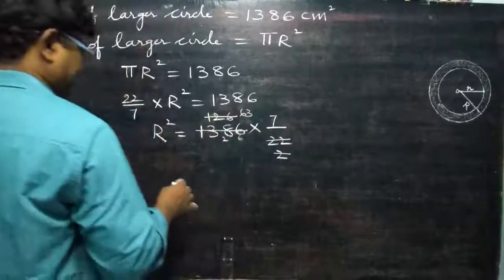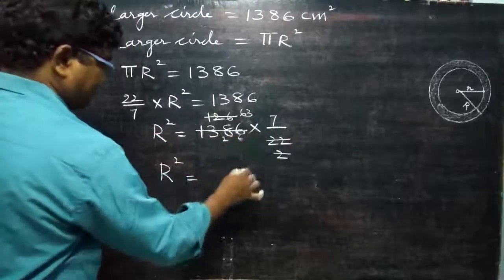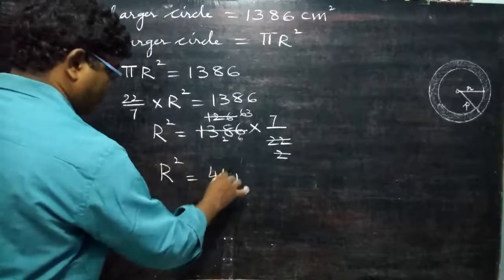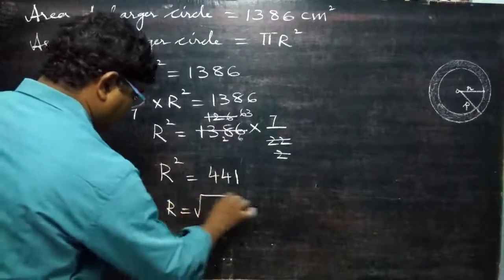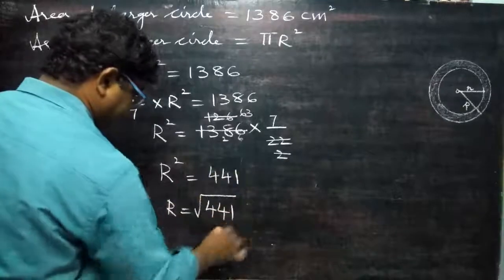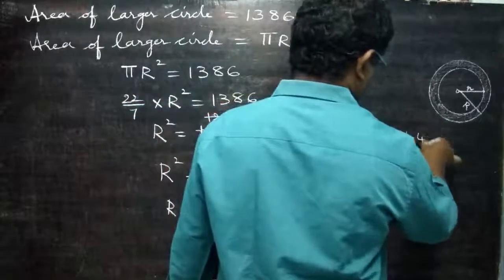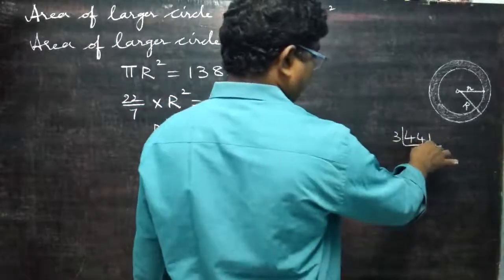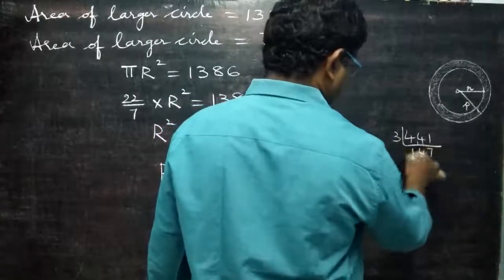Now multiply. R square is equal to 7 3s are 21. 1, 2, 42 plus 2, 44. So R is equal to square root of 441. We know square roots. 441, 3 table because 4 plus 4 plus 1 is 9. 3 1s are 3. 3 4s are 12. 3 7s are.